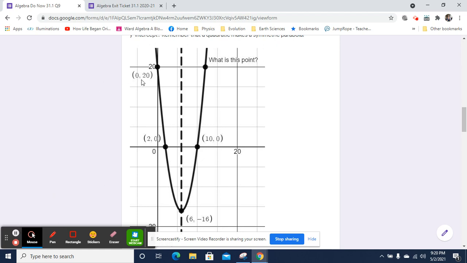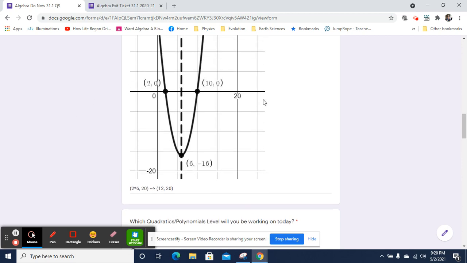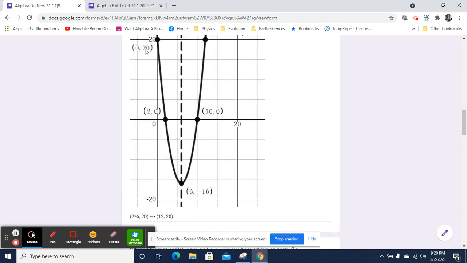So when x is 0, y will be 20. And then the other side is going to be twice as far as the middle. Well, the middle is 6 away, so twice as far is 12 away. And the other side will be at the same elevation of 20. So this point will end up being at 12, 20. Okay, so that gave us 5 points. And with 5 points, we can do a pretty nice job of graphing a parabola.